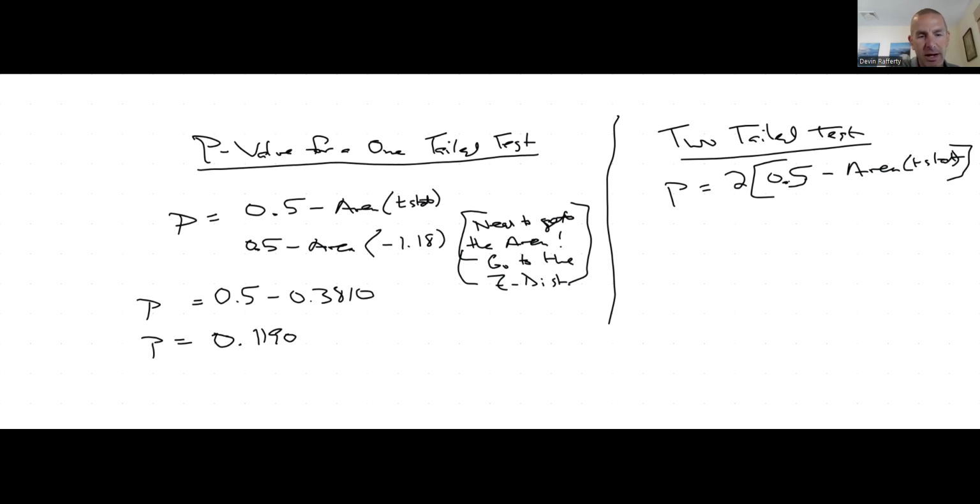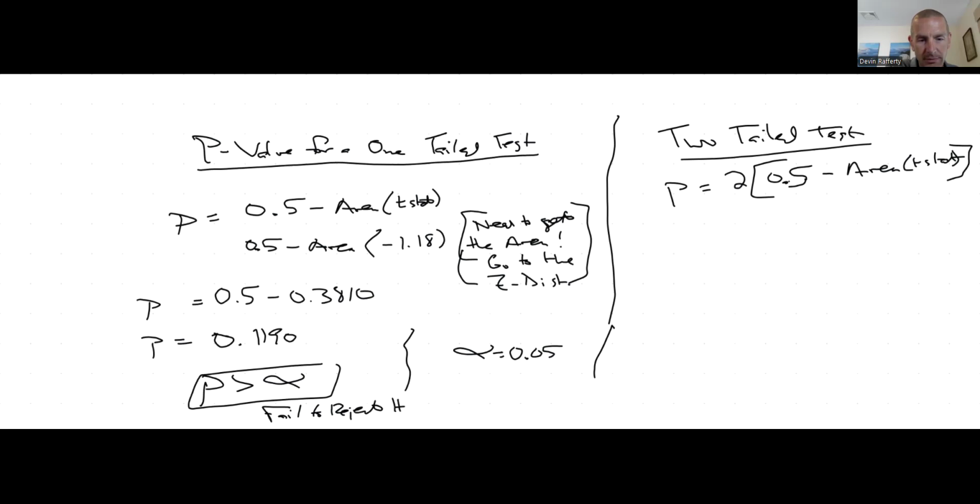Alpha, just to remind the viewer, was 0.05. Since p is 0.119 and alpha is 0.05, p is greater than alpha, and it's much greater than alpha too. So if p is greater than alpha, we fail to reject the null hypothesis.